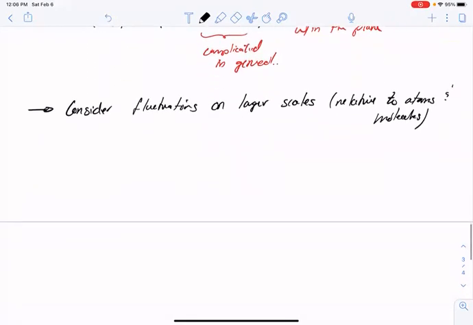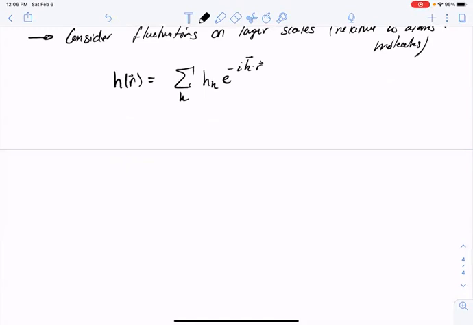So to do this, if we want to work with large lengths, that will be analogous to working with small wave vectors. So it will be convenient to express the height field in a Fourier representation, where I'll suppress the factors of 2 and pi in this discrete Fourier transform, just for notational simplicity.